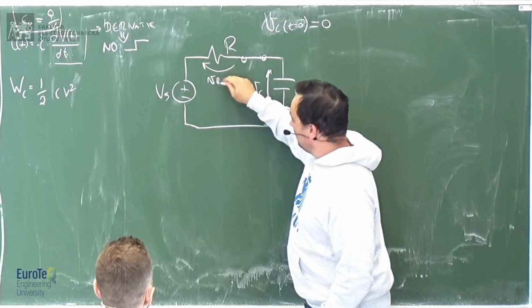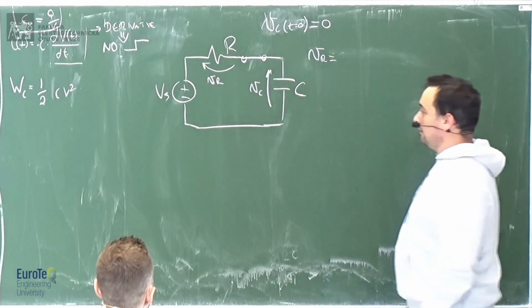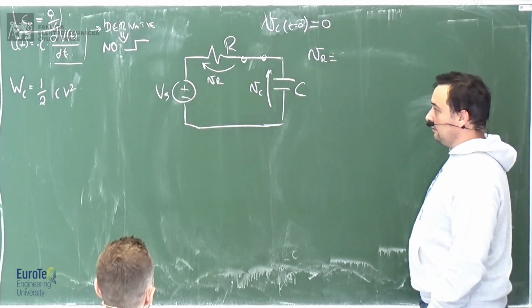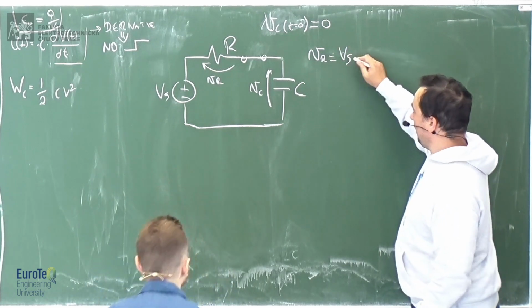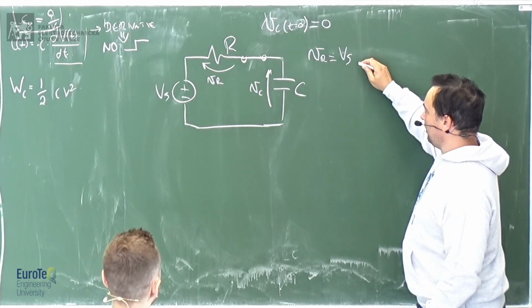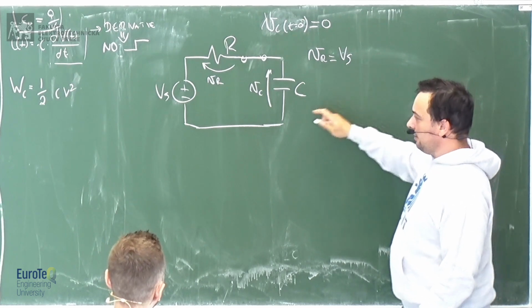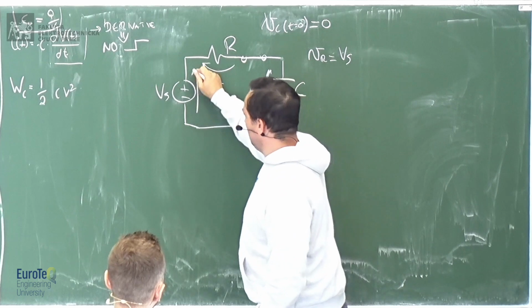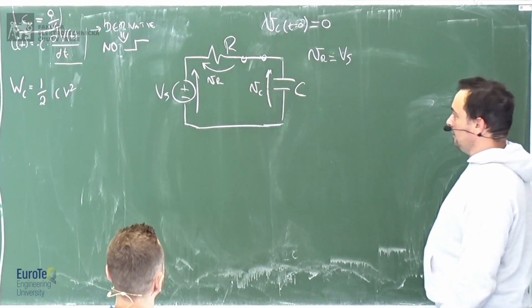So VR is going to be VS multiplied by R over... No, Kirchhoff: VR is VS minus VC.